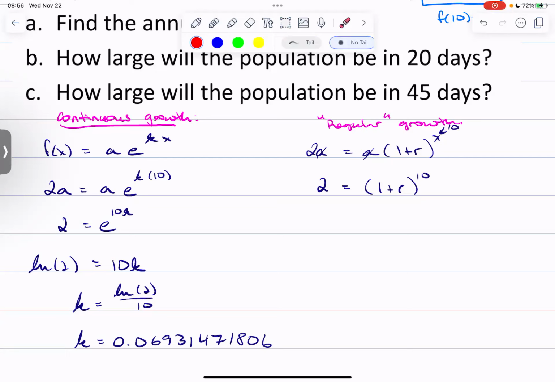I'm going to take the 10th root of both sides, I guess. 2 to the 1 over 10.